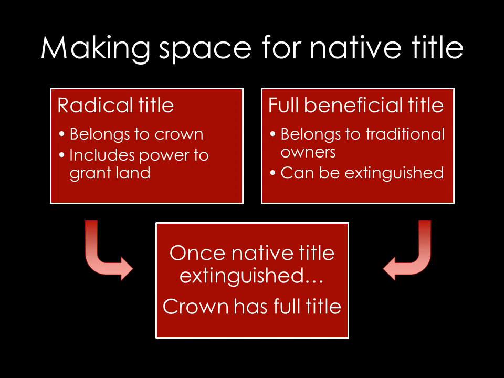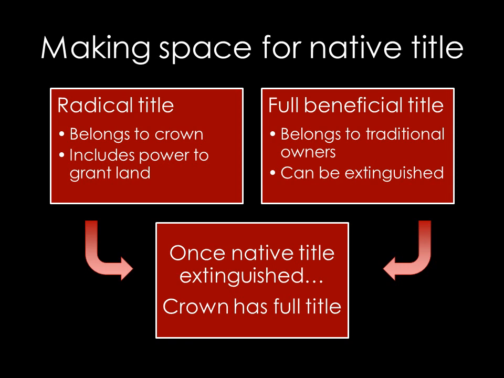The court said that upon settlement, the Crown obtained radical title, but at that point, the traditional owners, the existing occupants of Australia, held full beneficial title. So the full beneficial title belonged to traditional owners.